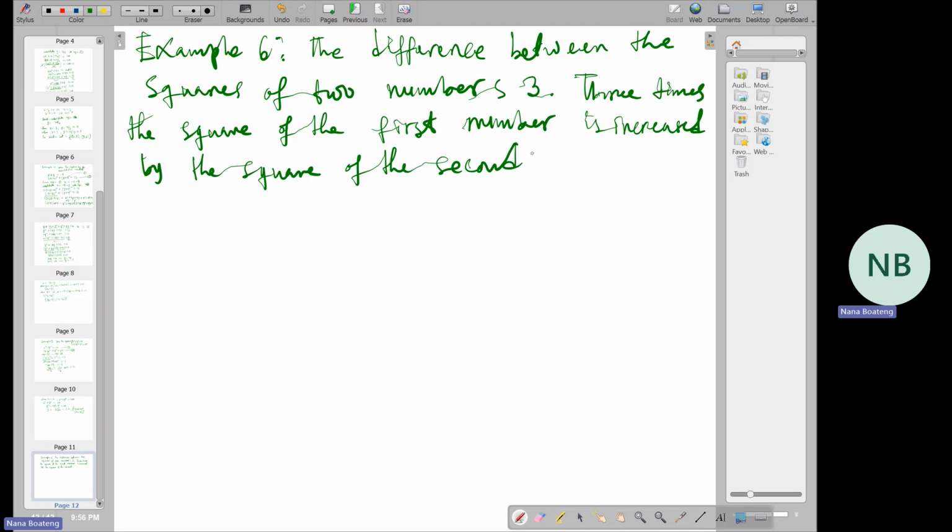The square of the second number is 13. Find the numbers.